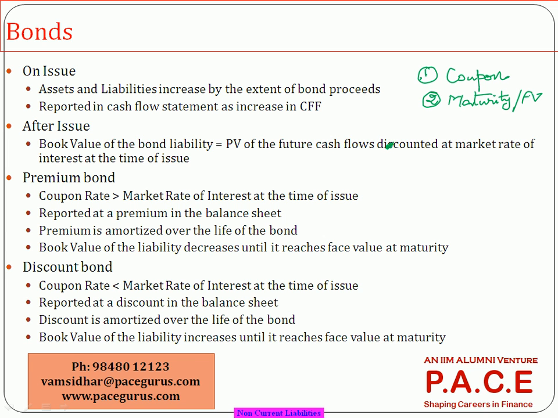Coupon, you have to look at it from a bond's perspective. Some amount which the bond is going to pay every year. So if I am saying 8% coupon bond, what it means to me is the borrower is going to pay 8% of the face value of the bond every year, and the face value on maturity.